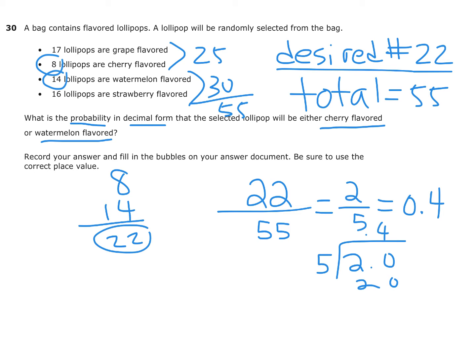So 0.4 is the answer for this. And if you remember your percents, 0.4 is equivalent to 40%. So there's a 40% chance of getting the desired flavors, cherry or watermelon, for this problem. Almost half, but 40% is pretty good.